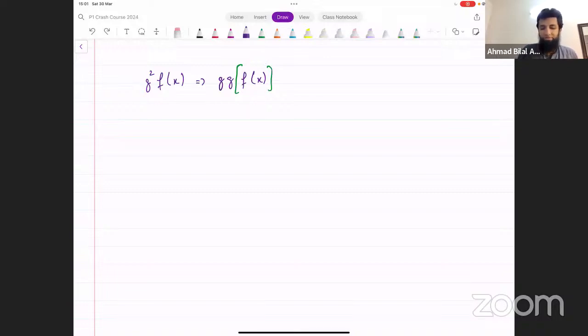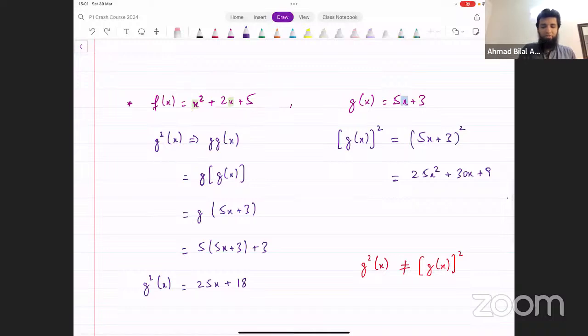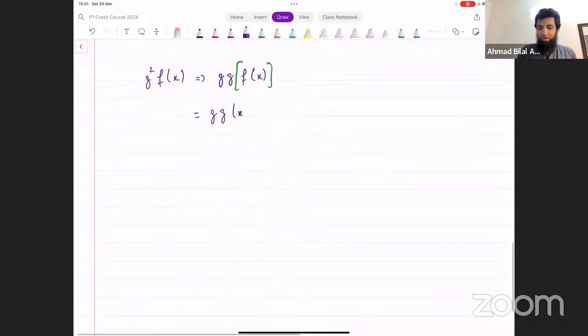So it becomes g of f. What's f? f is x squared plus 2x plus 5. All right, so it becomes g of (x squared plus 2x plus 5). So that's the first innermost function evaluated. This is what we get from that.